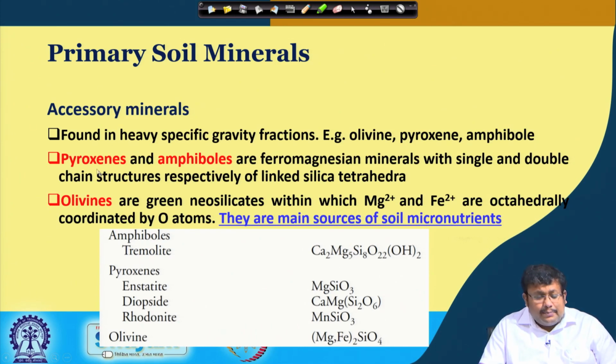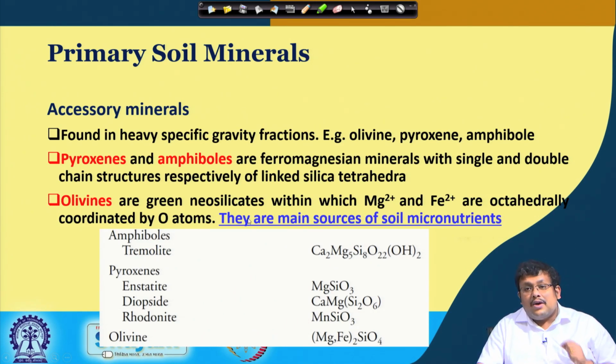So, they represent the inosilicates, which show the single or double chain of tetrahedra. Now, olivine, as you know, is a nesosilicate. They are green nesosilicates within which the magnesium and iron, since they are ferromagnesian minerals, are octahedrally coordinated by oxygen atoms.